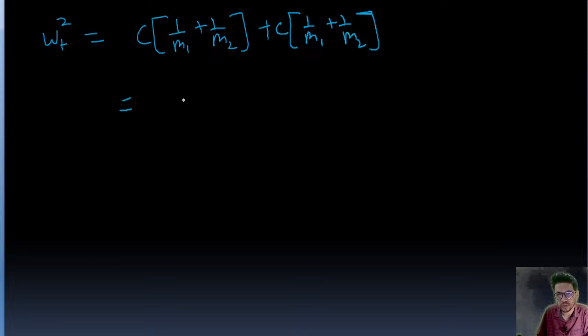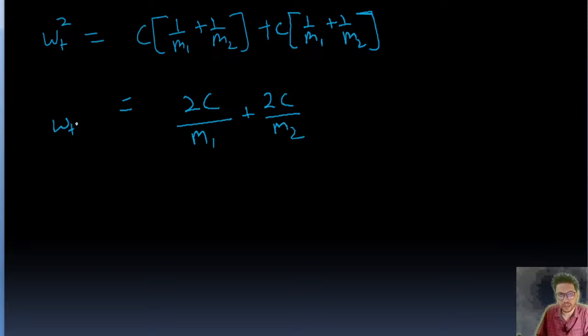So these will get added: 2c upon m1 plus 2c upon m2. This is omega plus square.